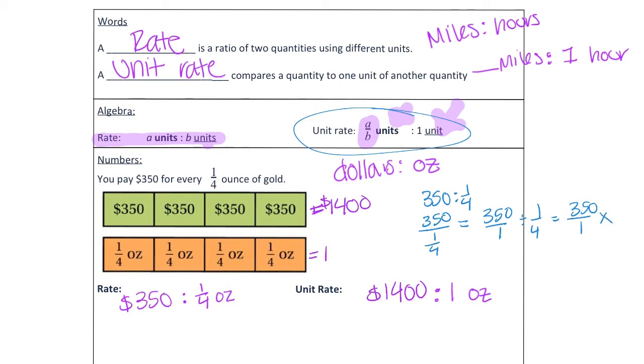I switch to multiplication and I flip the second fraction. So that's just 350 times 4, which is still 1,400. Okay, so see how here the units stayed in the same place. I'm just finding how much is it for one of the second unit.